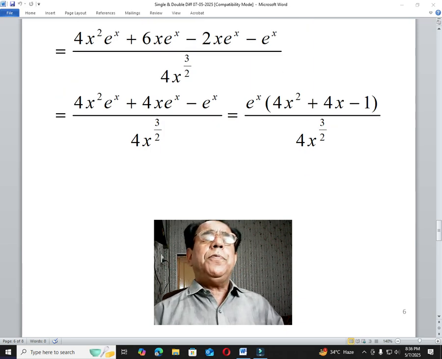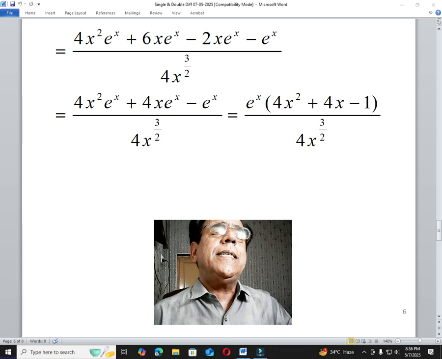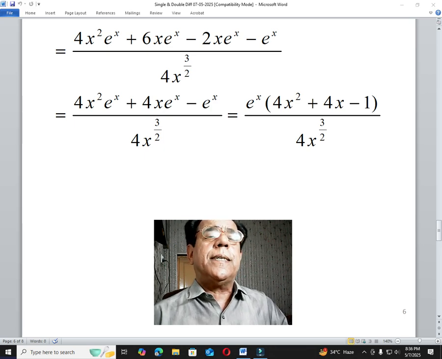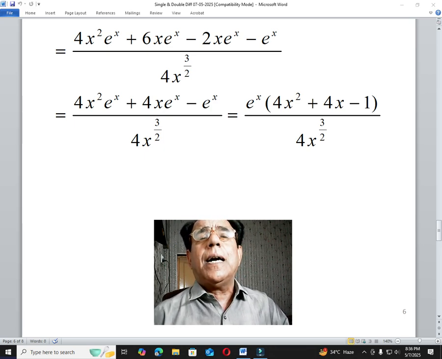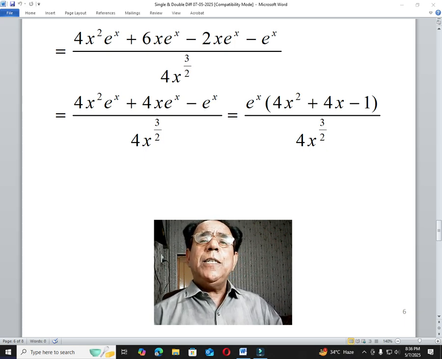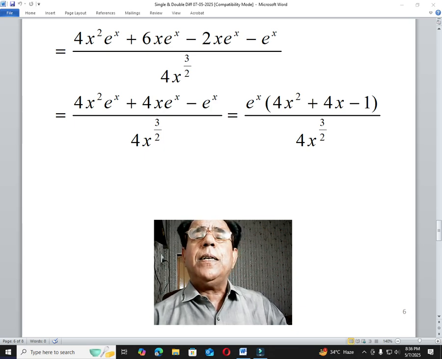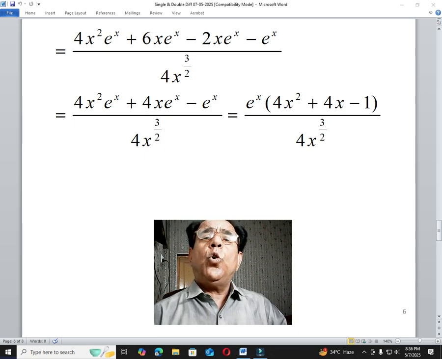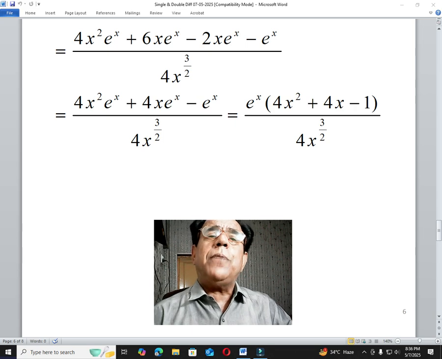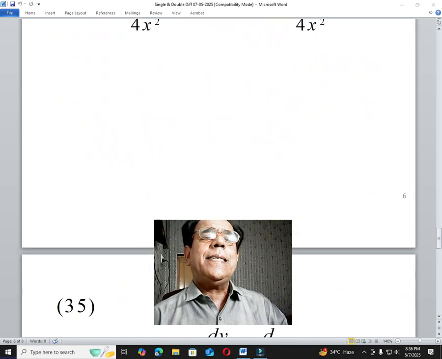In the next step, we will take e raised to power x common from the 3 terms occurring in the numerator, and hence our answer will become e raised to power x, and then within parenthesis 4x square plus 4x minus 1, over 4x raised to power 3 by 2. This is the second derivative.